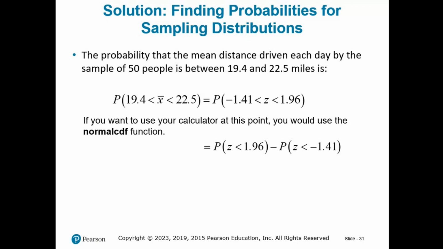In case you've forgotten how to do that function, you press the second key, then VARS, then arrow to normalcdf, then put in your lower, which was negative 1.41, then your upper, which was 1.96, then make sure mu is 0 and sigma is 1, and then press enter as many times as needed to calculate.